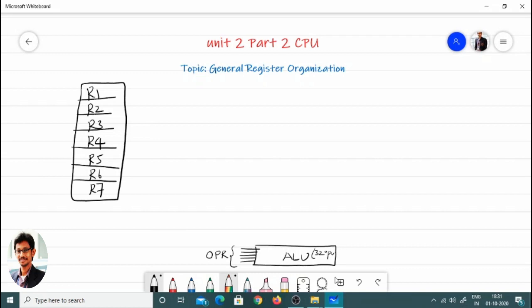Now to this ALU we are connecting 2 buses. First is the A bus, second one is the B bus. It is possible to put only one register onto A bus or B bus, so we take a multiplexer for each bus.